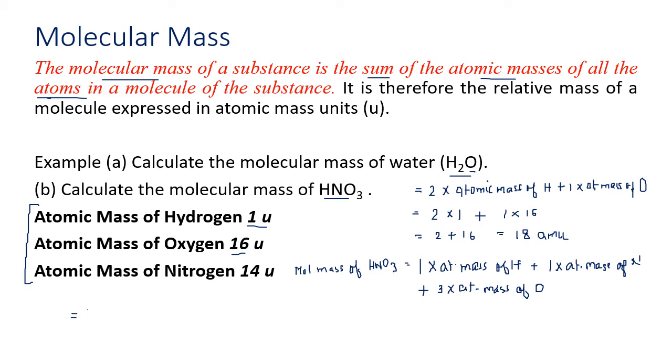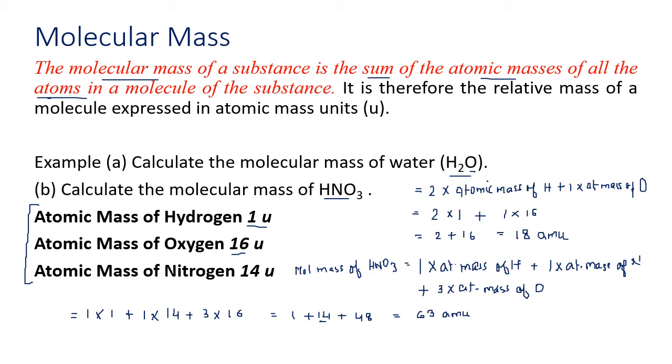So we have 1 into the atomic mass of hydrogen, that is 1, plus 1 into the atomic mass of nitrogen, which is 14, plus 3 into the atomic mass of oxygen, that is 16. You get 1 ones are 1, 14 ones are 14 and 16 threes are 48. So 48 plus 14 is 62, plus 1 is 63. So 63 AMU is the molecular mass of HNO3.